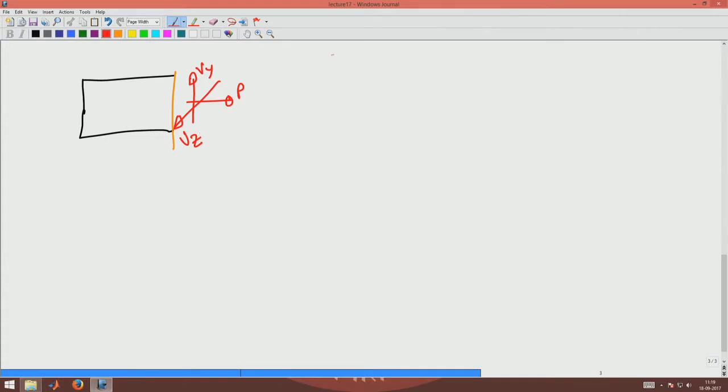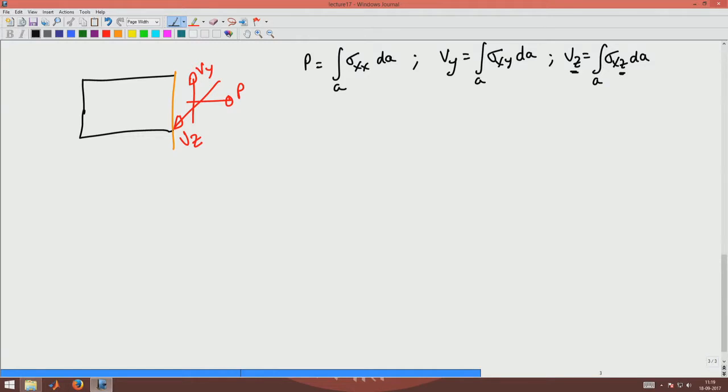These are the net forces, where P is given by integral sigma xx dA and Vy is given by integral sigma xy dA and Vz is given by integral sigma xz dA. You can note that the second index is the suffix for the shear forces Vy and Vz, okay.